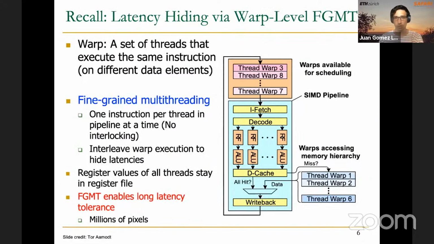Recall also, this is something important to keep in mind from the perspective of software programming. That's why we have this slide here to recap on the fine-grained multi-threading paradigm that GPUs also employ.